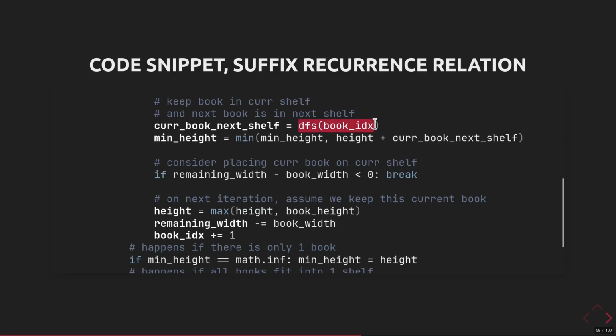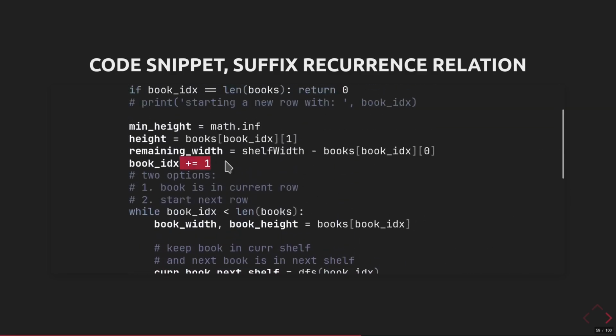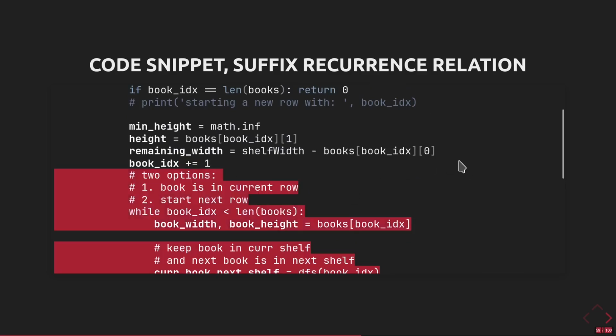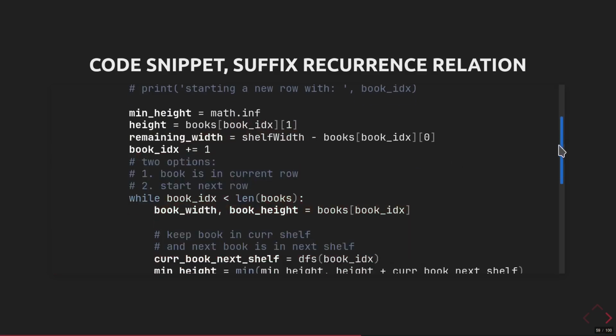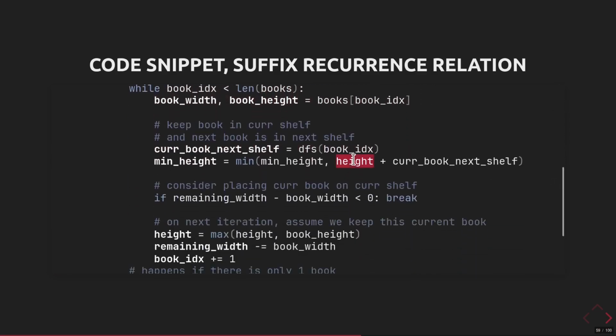And once you have the answer for having that new book at the next shelf, well, you already have a height, remember? We advanced the book index by 1 before starting the for loop, so we already have a book on our current shelf. Then we add our current height to the answer for the next shelf, and we minimize that over all the other ones that we have or will see, okay?